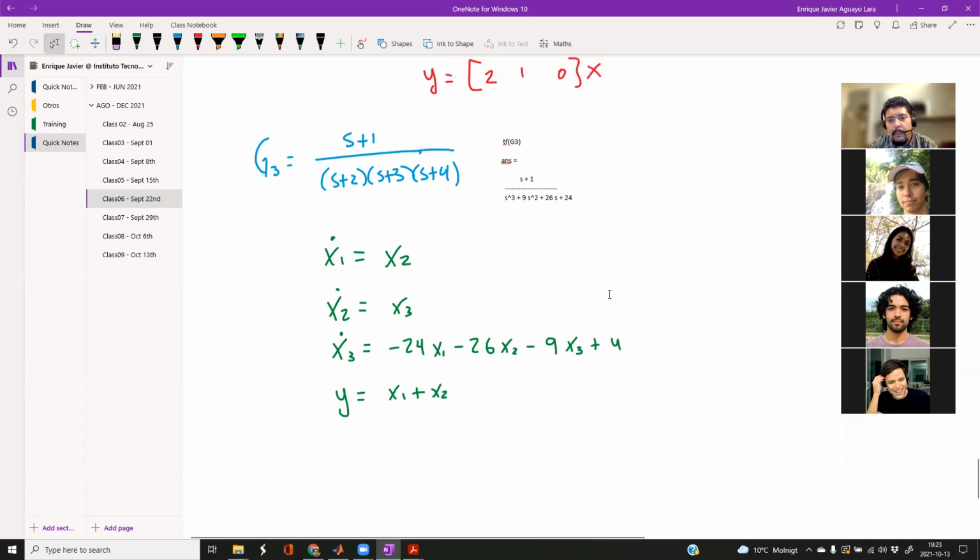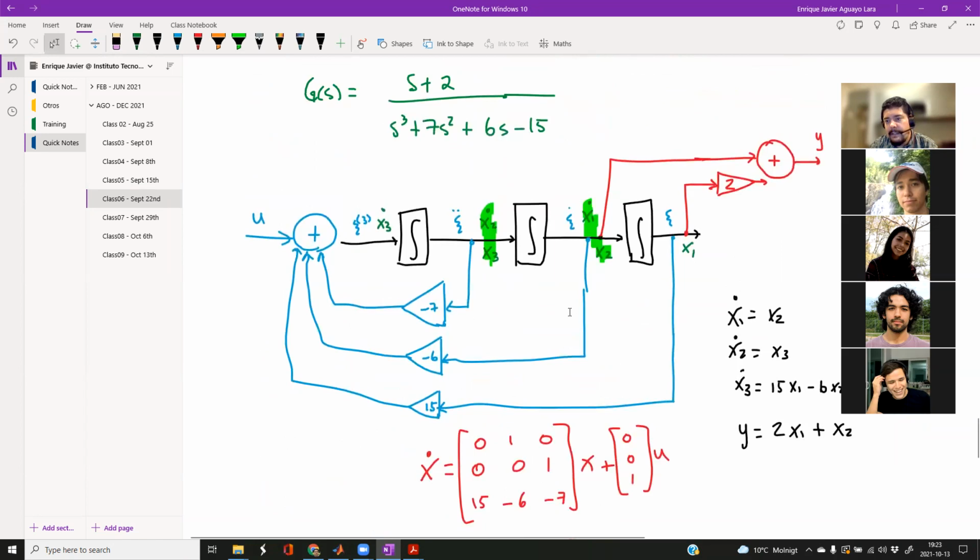You can get it from the assignation that we did in here. You'll see that this is correct.